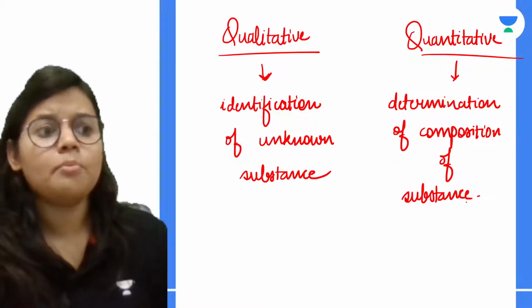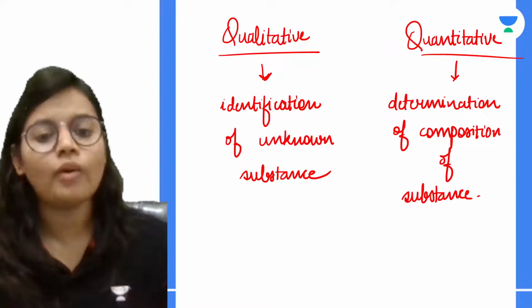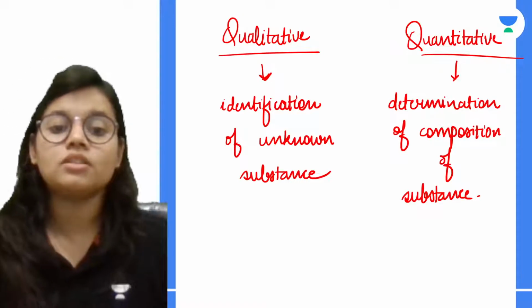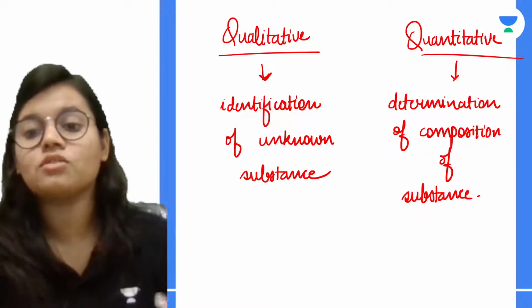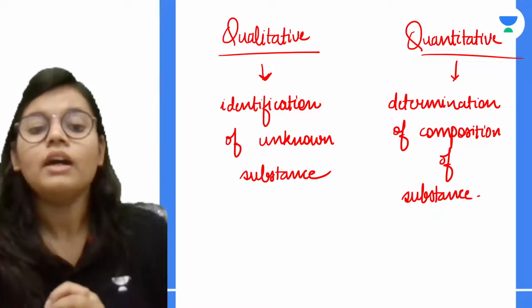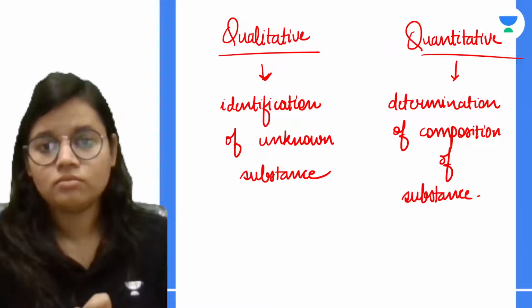Okay, for example, any component like H2, as simple as H2, what is the percentage of hydrogen? What is the percentage of oxygen? So that is quantitative analysis. We are just trying to go for the quantity.